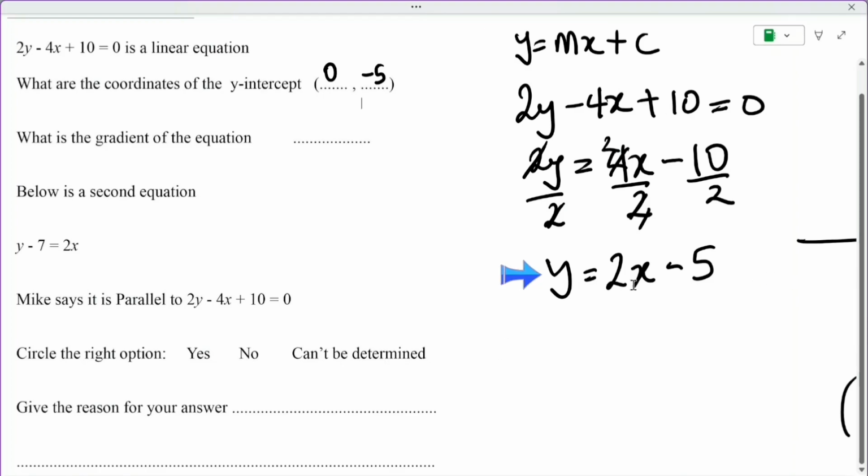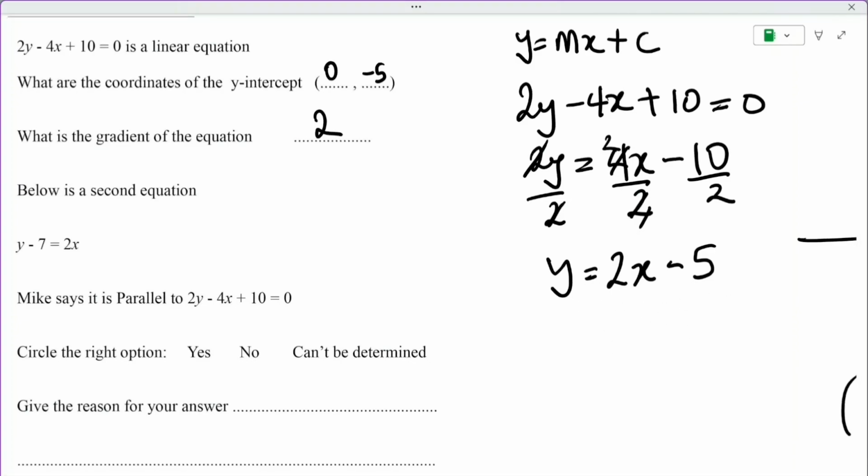And here is the format. Remember, we turned the initial equation, which was 2y minus 4x plus 10 equals 0, into y equals 2x minus 5. The coefficient of x, or the number attached to x, is 2, and that represents the gradient. So the gradient of this equation is 2. So we have this as 2.